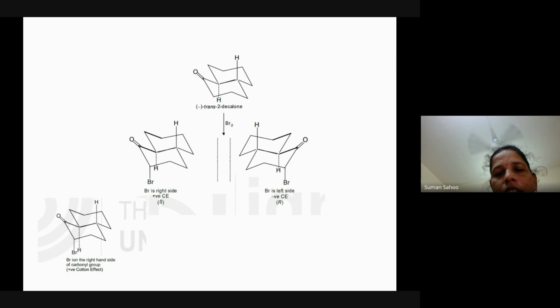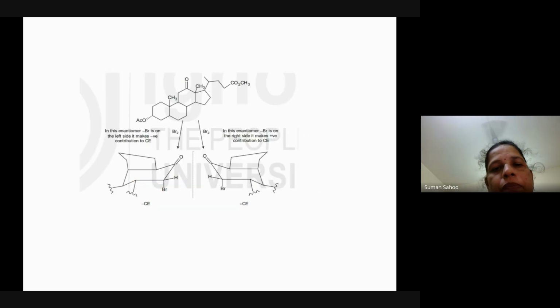If we get a negative Cotton effect, the bromine would be on the left side. Since this is giving a positive Cotton effect, the bromine is on this side. So from the ORD spectra you can determine your product and its configuration using this alpha-haloketone rule, in cyclic ketones.